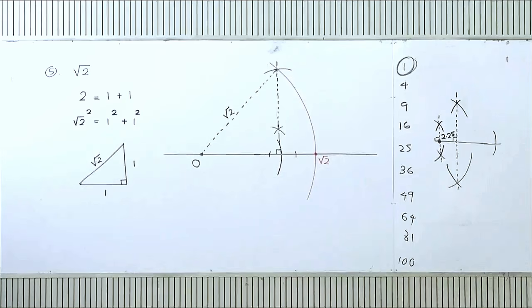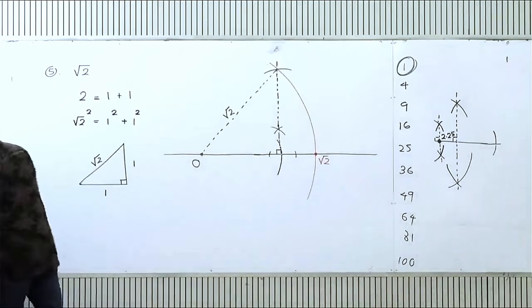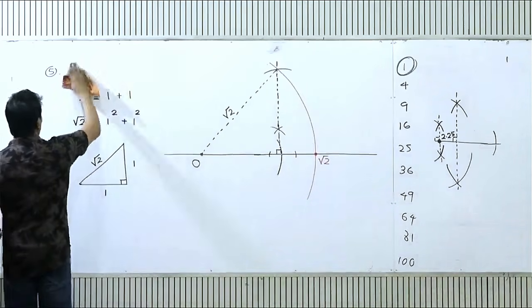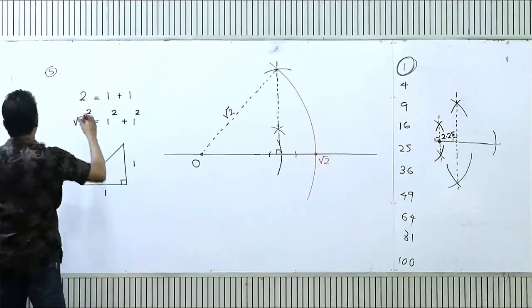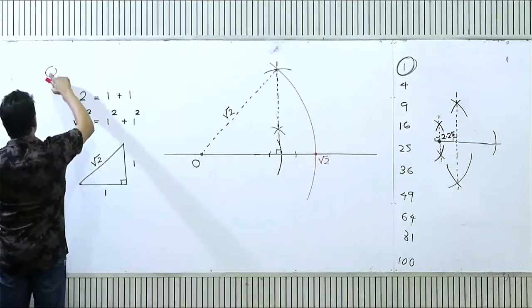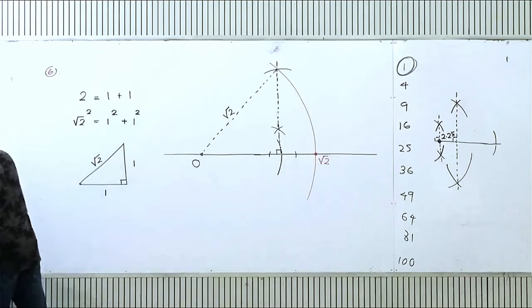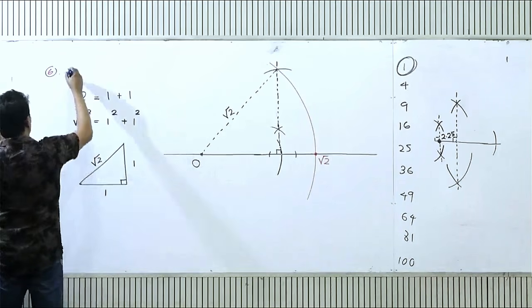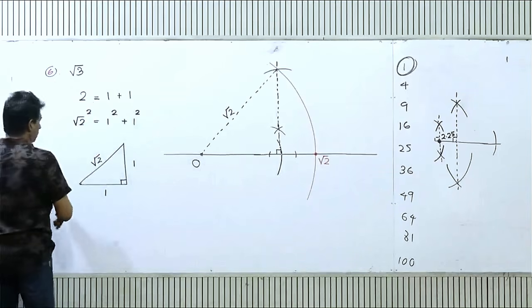Right. Then the next one, root 3. You have to mark root 3.